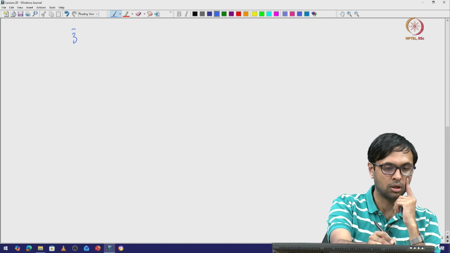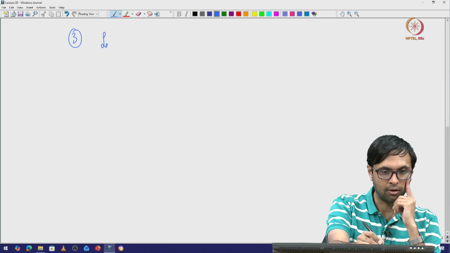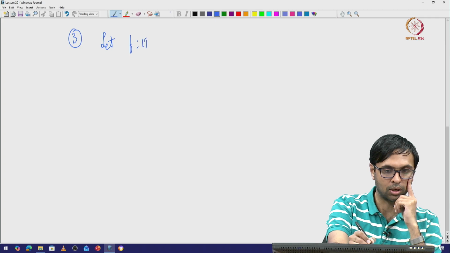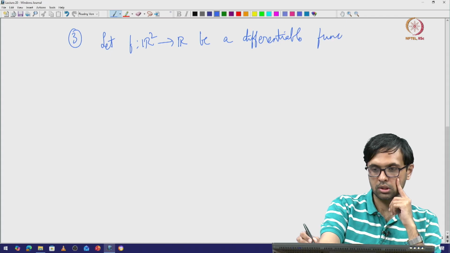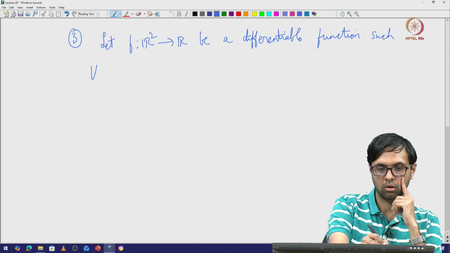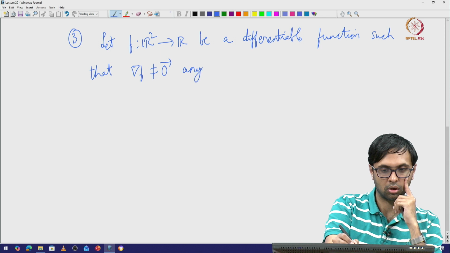So let's look at one more example, right? So let f from R2 to R be a differentiable function such that the gradient of f is not equal to 0 anywhere.